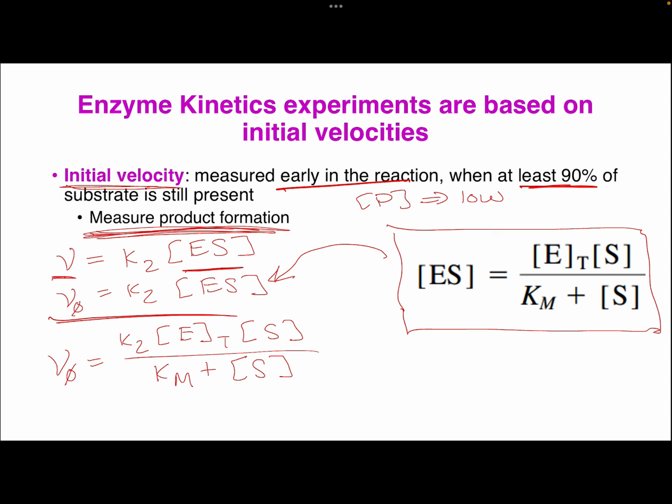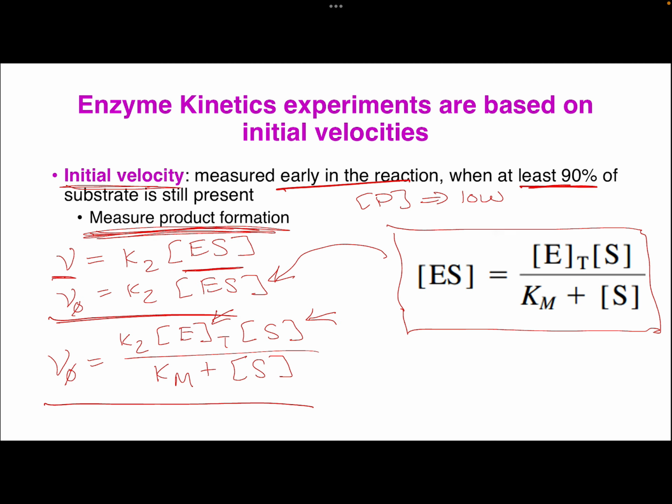And so that is how we incorporate our initial velocity. So now we have this in terms of things we can measure. We know our total enzyme concentration. We know our substrate concentration. So now we have it. This is a much more useful form of the equation.